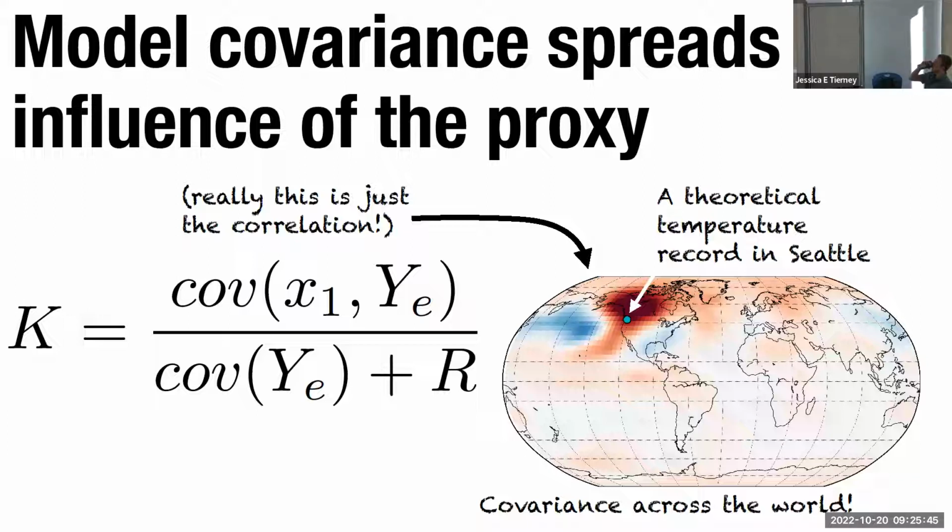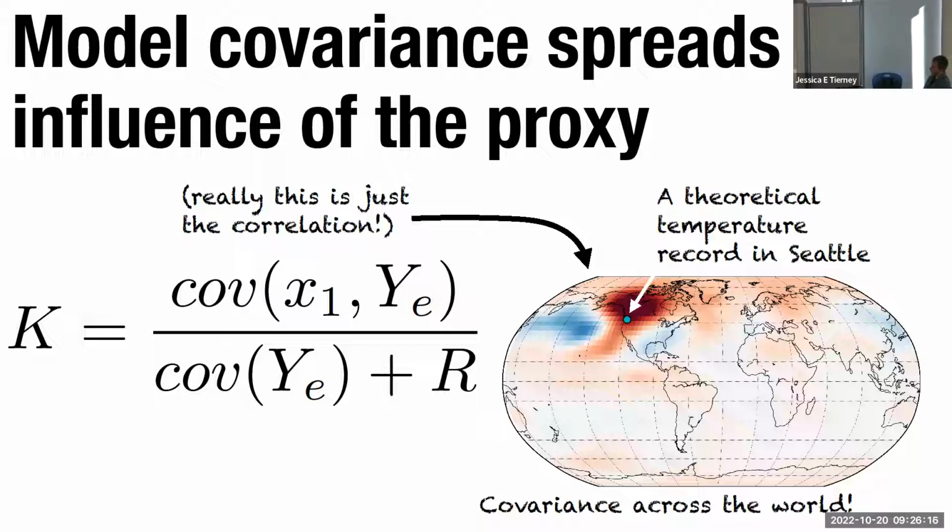But the point is if you make an update here, you will also update over North America, where you have strong covariance. You also update in the other direction, maybe over the Pacific Ocean. So in this way, this numerator is spreading the proxy information around. And that's one of the powers, because now your proxy is not just updating where it is, it's updating wherever it covaries.